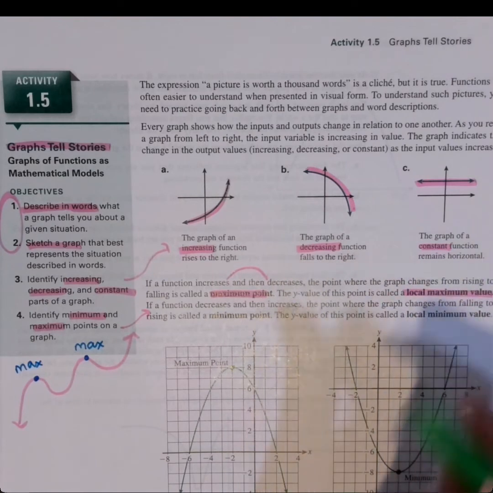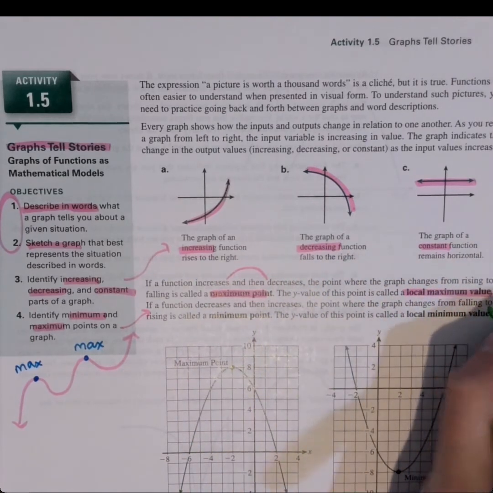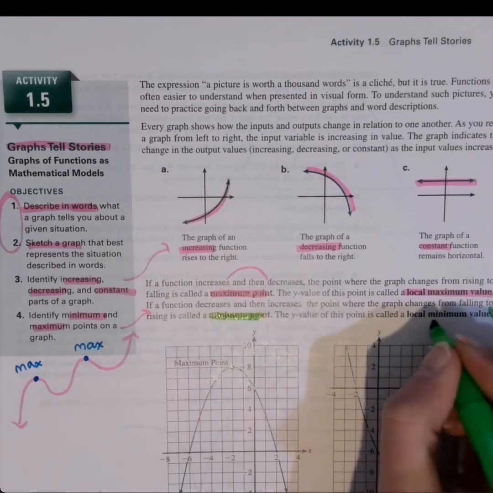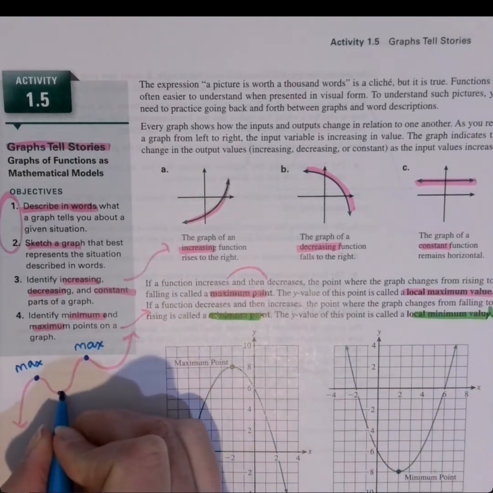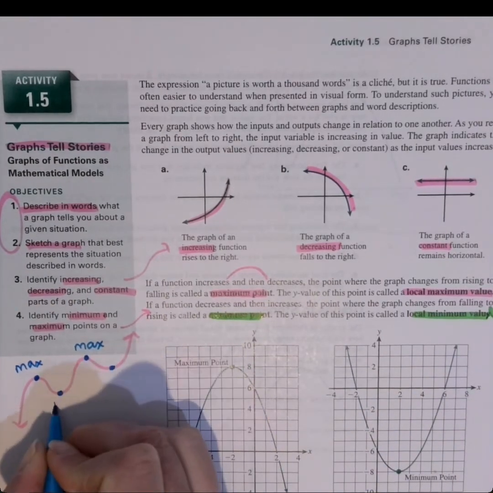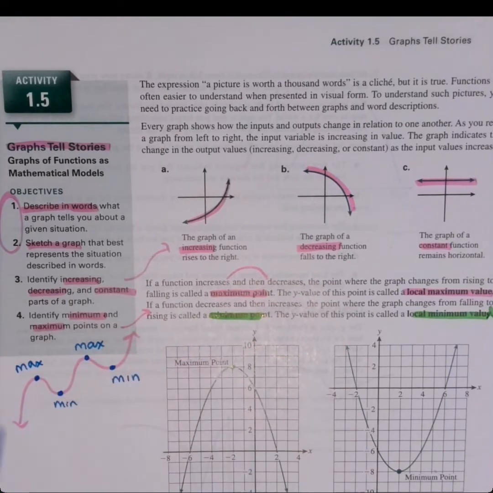If the graph changes from decreasing to increasing, that's going to cause a minimum or some local minima. And again, over here, this graph has two turning points where it has minima. Some graphs will just have one of each. The silly one I drew over on the side has two of each.